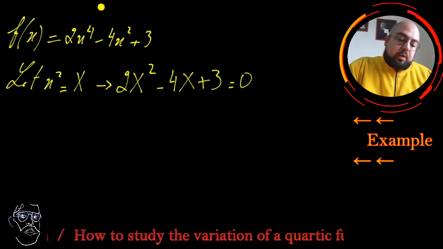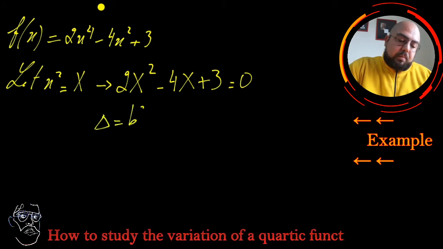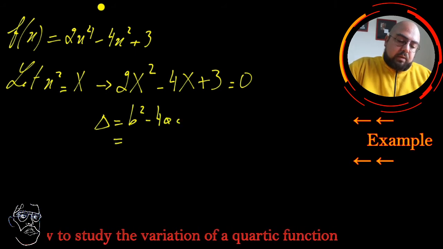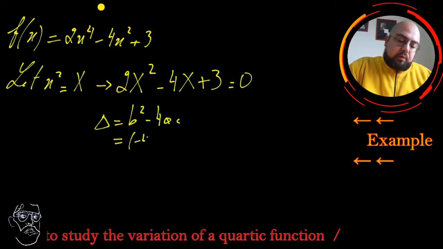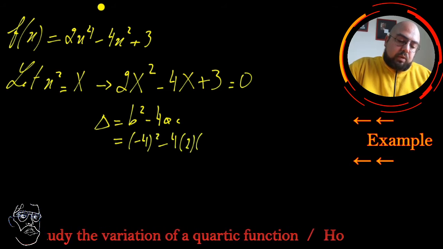And then you will have to go through delta. Delta is equal to b squared minus 4ac. Of course, in this case, it's minus 4 to the power of 2 minus 4 times 2 times 3.